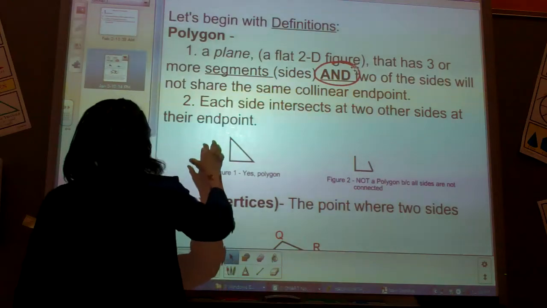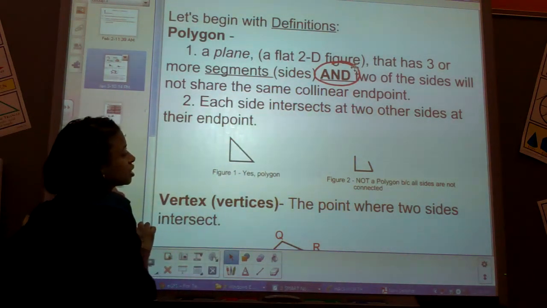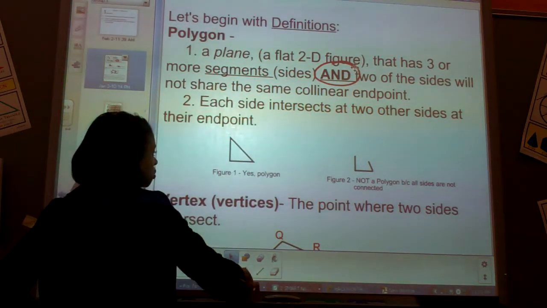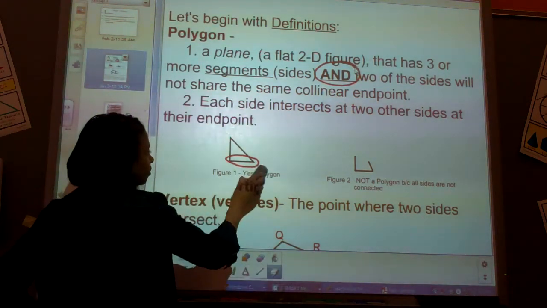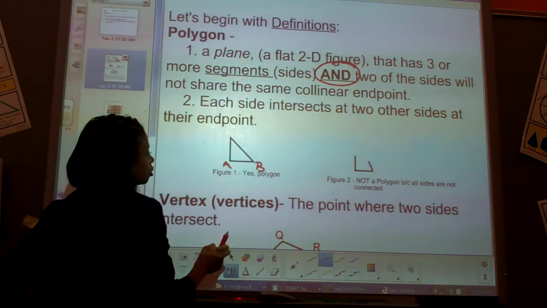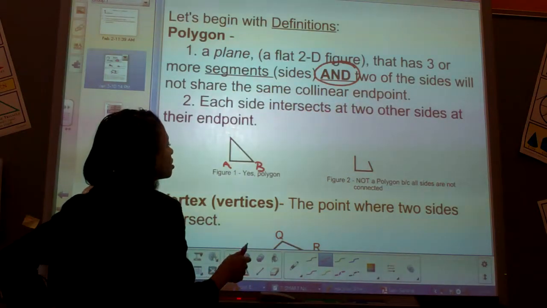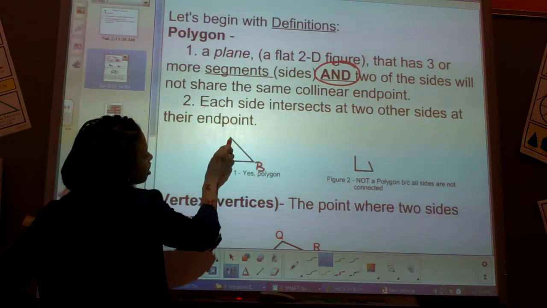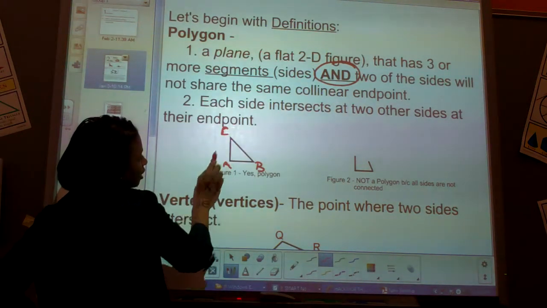So let's look at this here. This first figure is an example of a polygon. Why? Because if I look at this bottom segment, I'll call it segment AB. Segment AB touches 2 other sides. On the endpoint A, it touches this line segment, if this is C, segment AC.